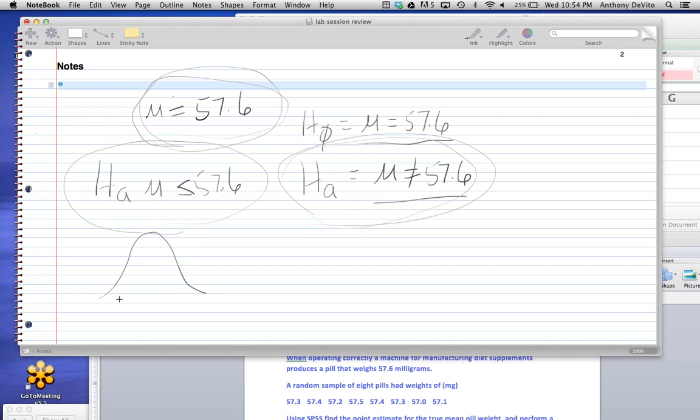Because when you look at the normal distribution, what you're saying is, he says the mean is 57.6, but we think that the mean is different enough that it would only occur less than 5% of the time.